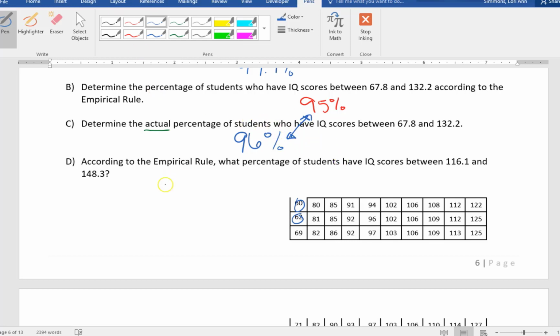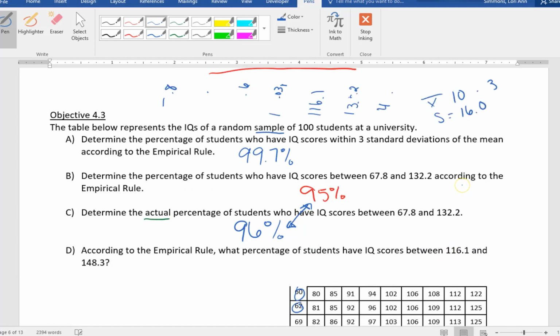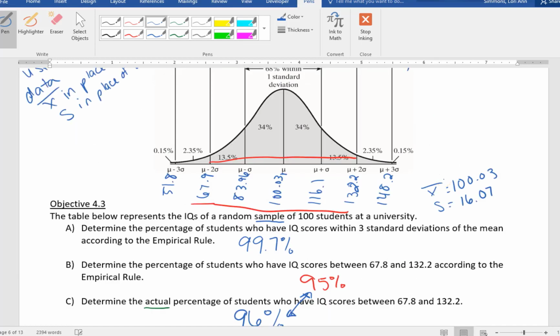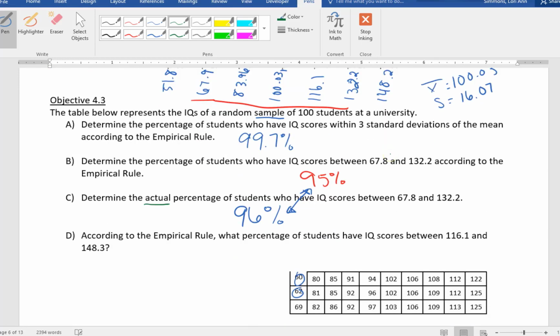According to the empirical rule, what percentage of students have IQ scores between 116.1 and 148.3? So 116.1 is right here, to 148.2 or 3, so close enough. So these two numbers, 15.85%.